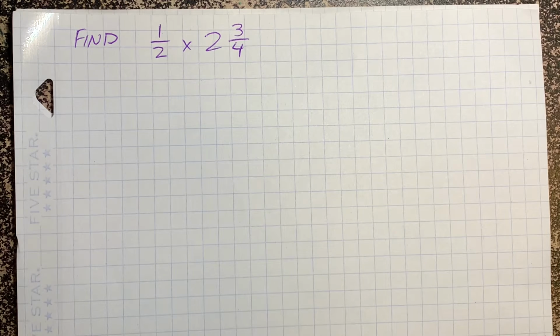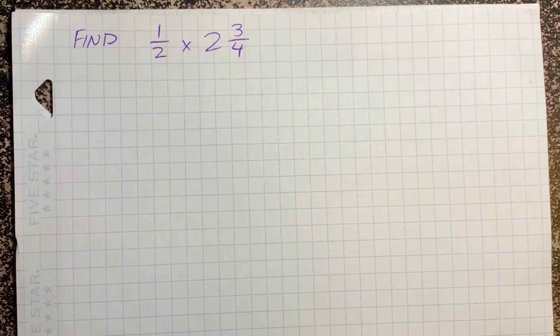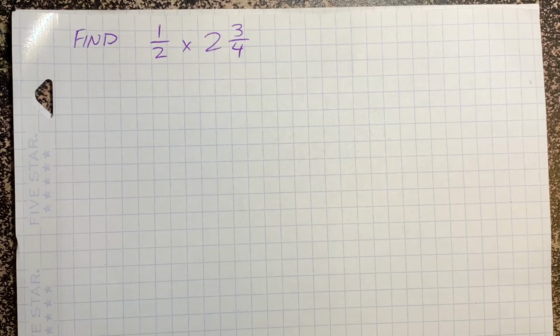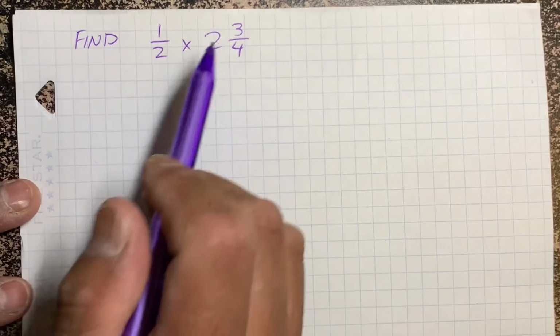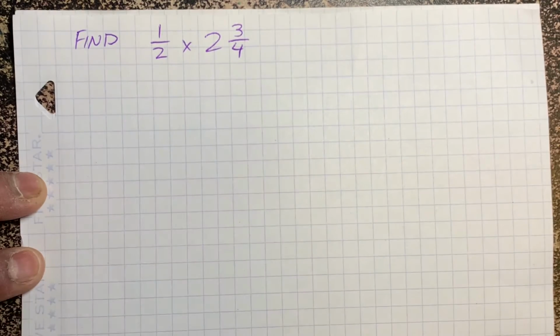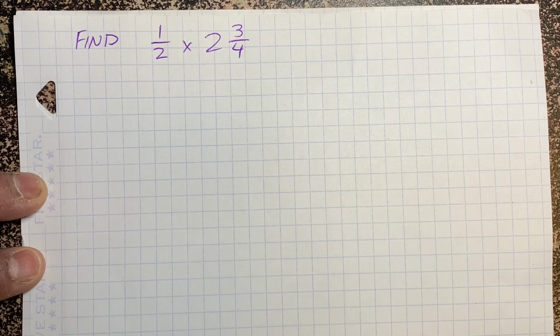Anytime we multiply a fraction times a mixed number, which is basically a whole number with a fraction, it is the same process, except that we have to convert the mixed number into an improper fraction. An improper fraction is where the numerator is a greater value than the denominator.